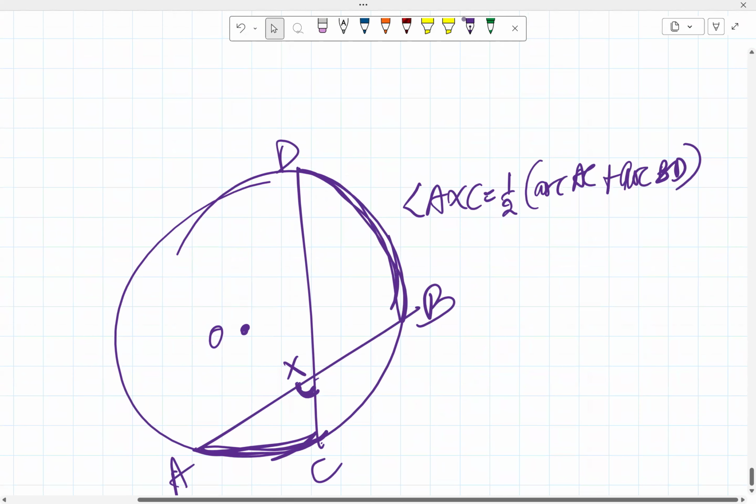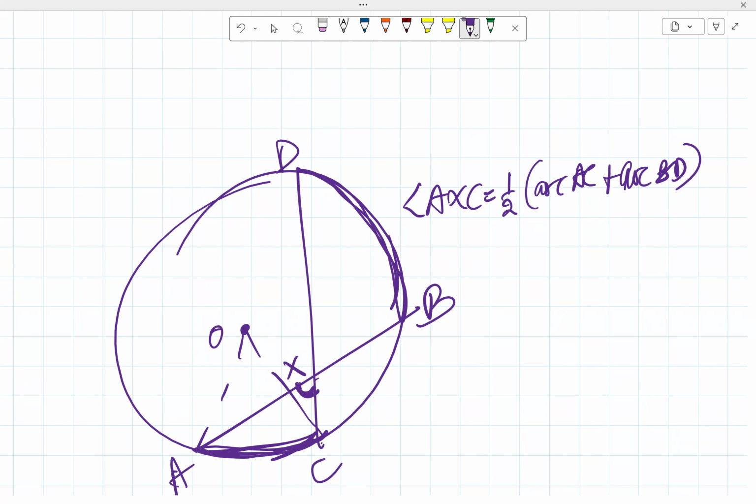Angles standing on the same arc are linked to central angles. So whatever angle you have here, this is an arc right here. If you project this to the center, whatever angle you have inside this arc, the angle at the center is double whatever you have for the arc.